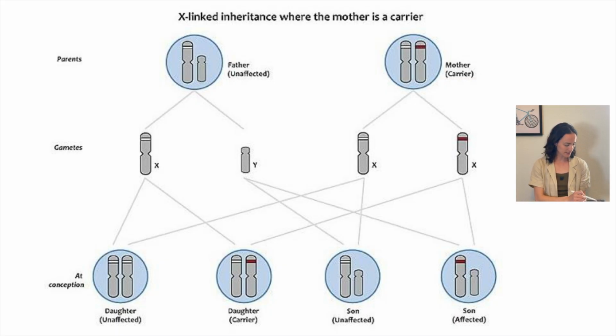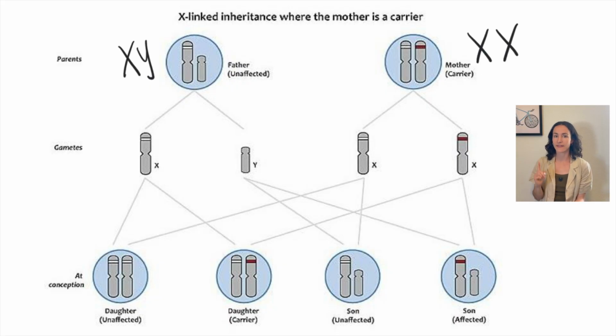So here, let's say that we're looking at color blindness and you have one parent, the sperm-producing parent, that is unaffected. So remember that, we've got to remember sex chromosomes. Males have XY and females have XX. And this is X-linked, meaning it is a gene that is only found on the X chromosome.